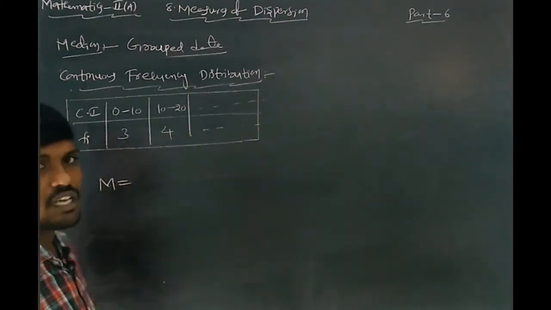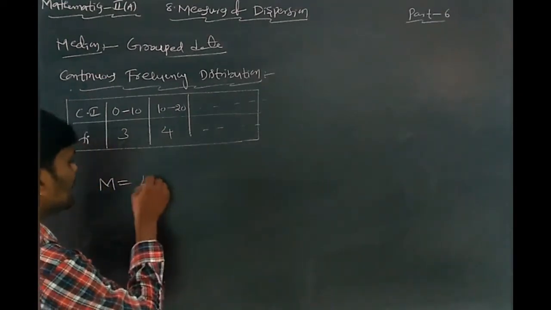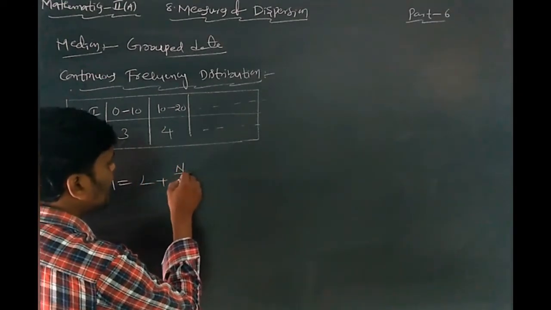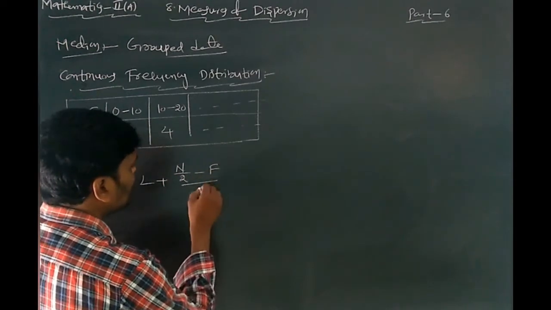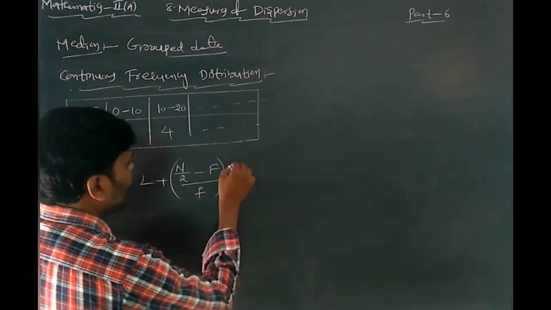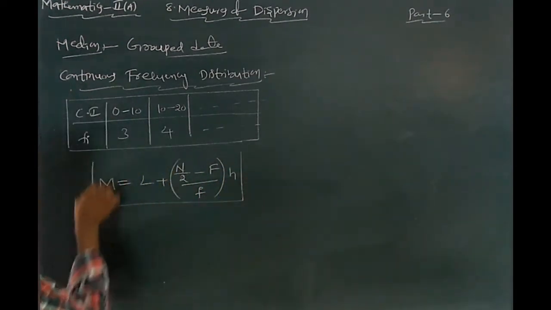The median M is equal to l plus, open bracket, n by 2 minus capital F, close bracket, divided by small f, into h. This is the formula.